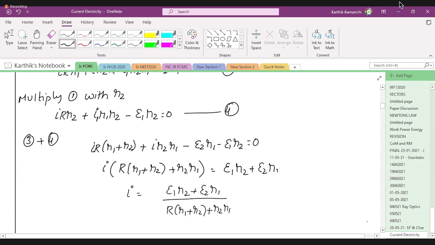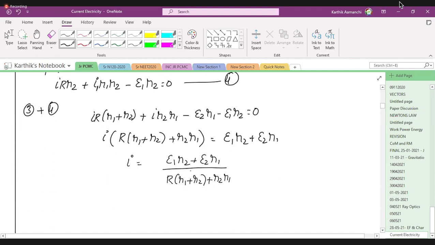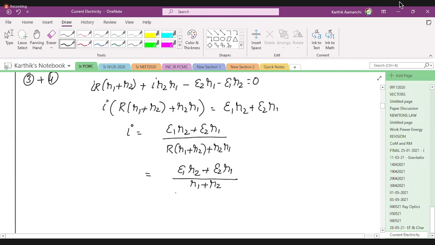Yes, sir. I'm dividing numerator and denominator by R1 plus R2. So this will become (epsilon 1 R2 plus epsilon 2 R1) divided by (R1 plus R2), whole divided by R plus R1 R2 divided by (R1 plus R2). Isn't it?